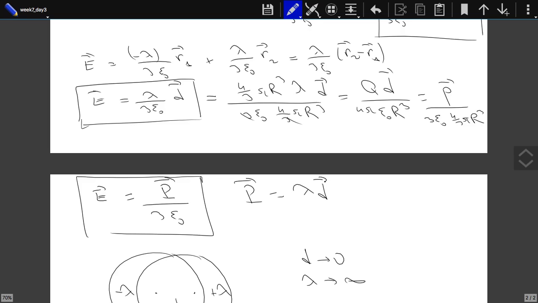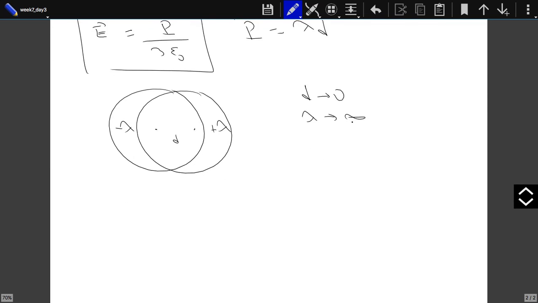So if we set the magnitude of the d vector to 0, we still would like to keep the polarization constant. So lambda times d should be equal to p, constant. This is the limit that we will be considering. We will take d to 0, lambda to infinity in such a way that their product is constant.